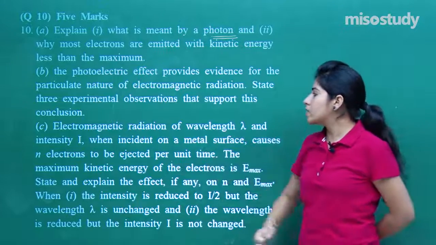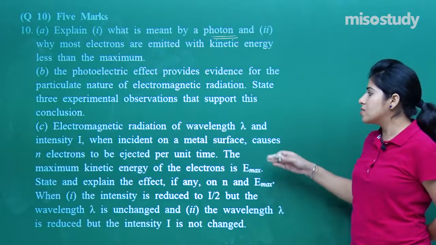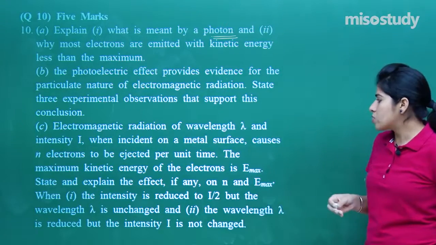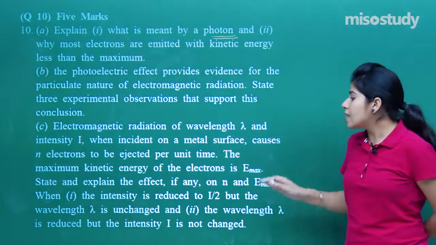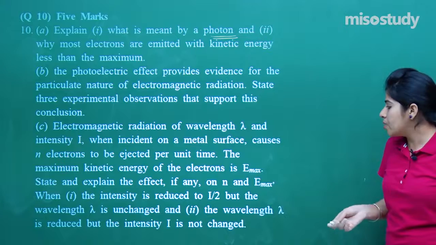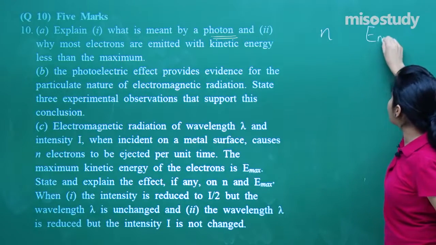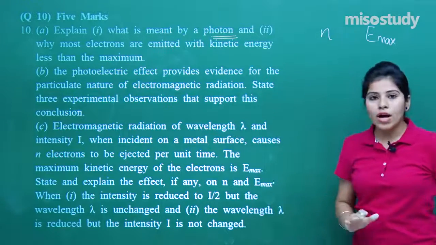Okay. Then the third part: electromagnetic radiation of wavelength lambda and intensity I, when incident on a metal surface, causes n electrons to be emitted per unit time. The maximum kinetic energy of the electrons is Emax. State and explain the effect, if any, on n and Emax when the intensity is reduced to I by 2.